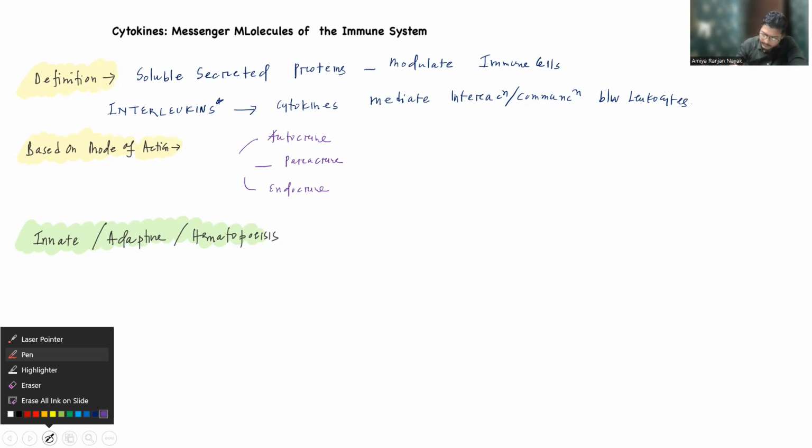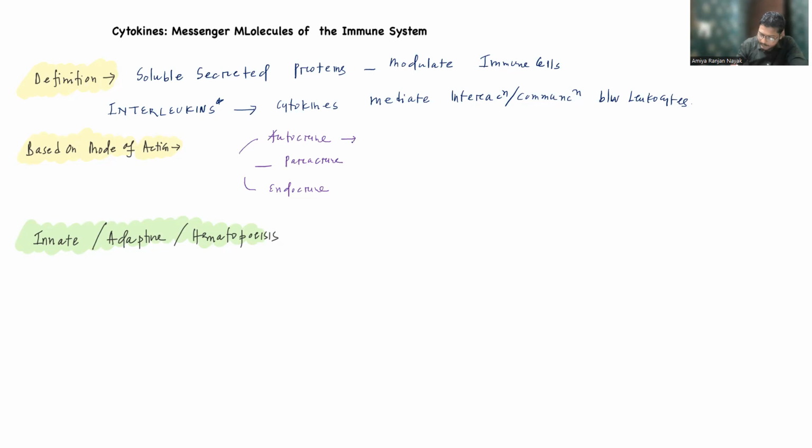Autocrine cytokines are those that act on the same cell which is producing the cytokine. As we have discussed previously, interleukin 2 is an autocrine cytokine which is produced from the T lymphocytes, and it is acting upon the same T lymphocyte to proliferate the cell. Paracrine cytokines will act upon the neighboring, nearby cell. And endocrine cytokines are going to act upon the distant cell.